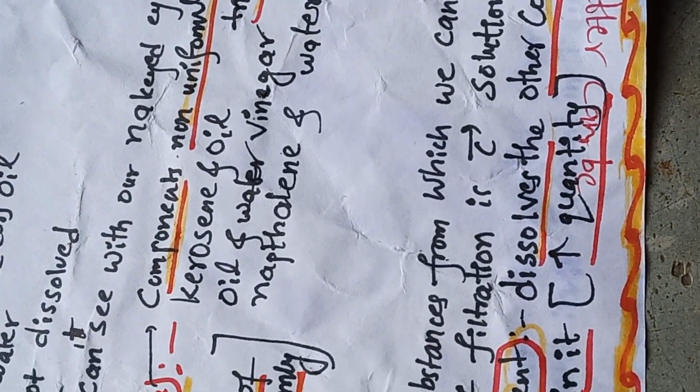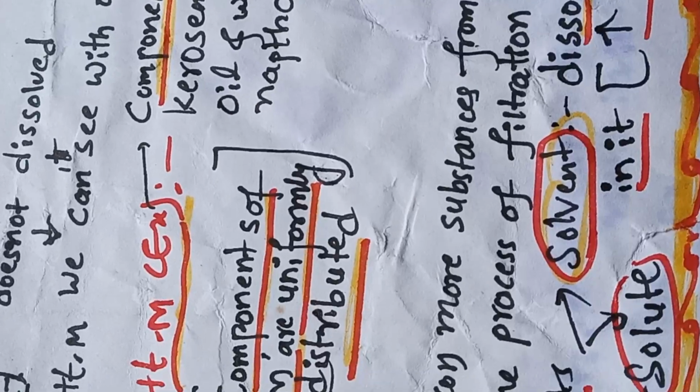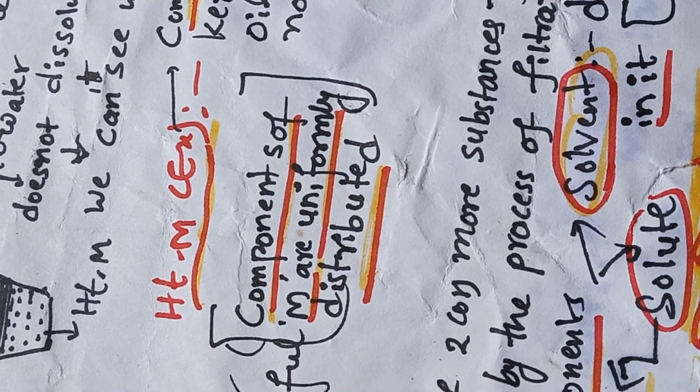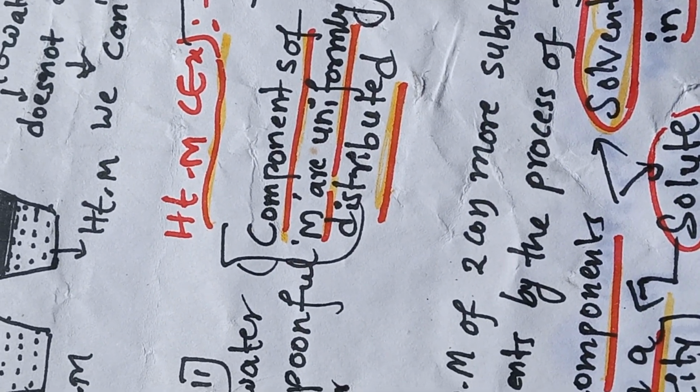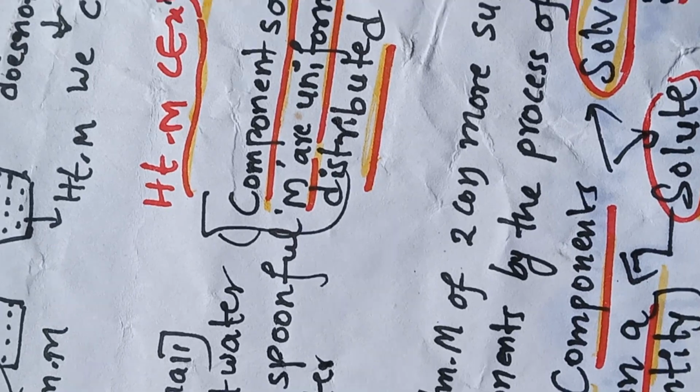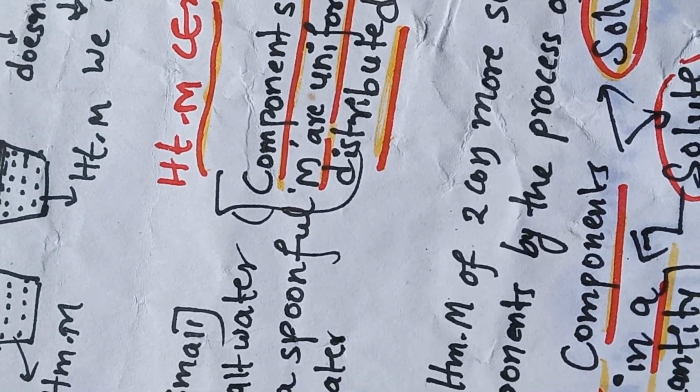For example, if you take salt water, the salt will be dissolved in it, but can we separate them by filtration? If we filter, will the salt separate? No. So if we cannot separate the components even by filtration, we call it a solution. Solution means that the components will not be separated by the filtration process. Those are the solutions.